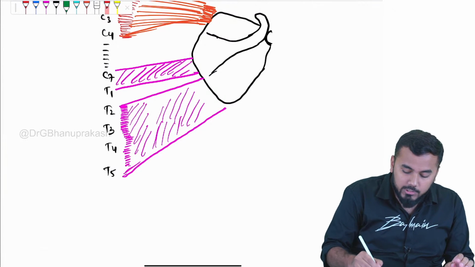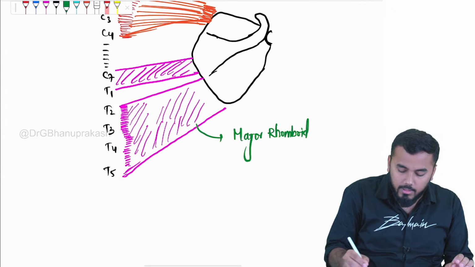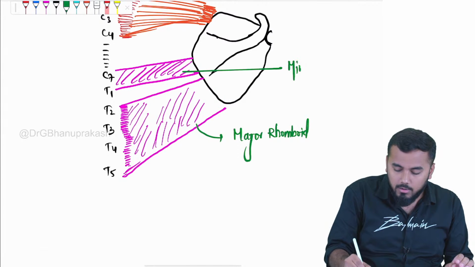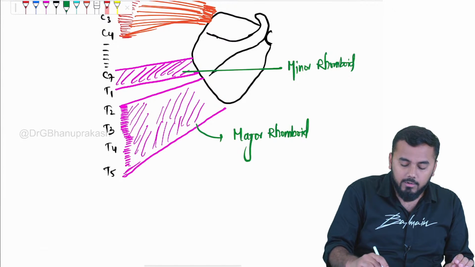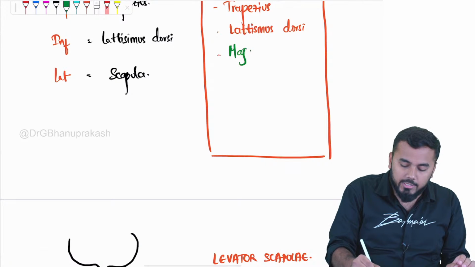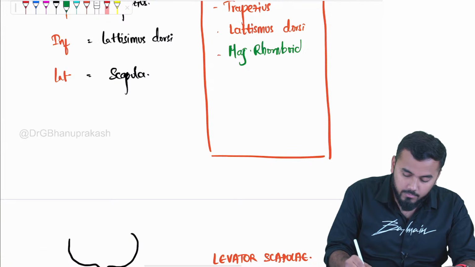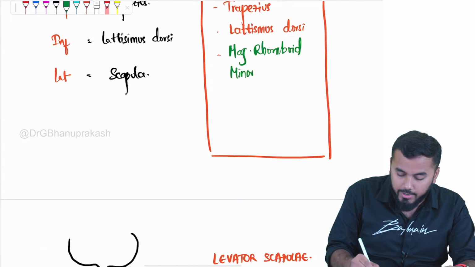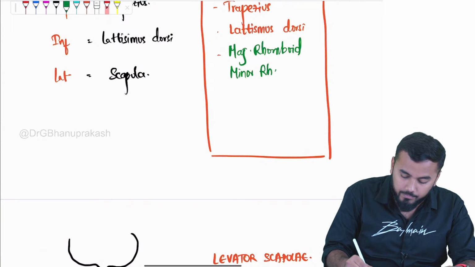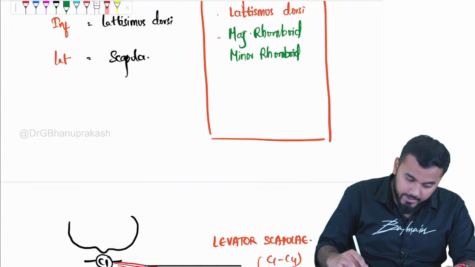So I'll call it major rhomboid and minor rhomboid, right? So what all we discussed? We have got a major rhomboid, we have got a minor rhomboid, right? We have also got what? Levator scapulae.